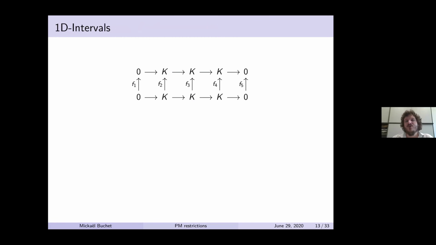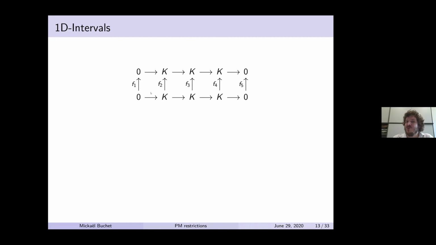So let's first look at a 1D interval. That would be a good warm-up, and we already know that they are indecomposable. So here I have one interval, and I copy it, and I look at all the morphisms I can build from this interval to its copy. That means that for every vector space here, I need to find a map that maps it to its second copy.